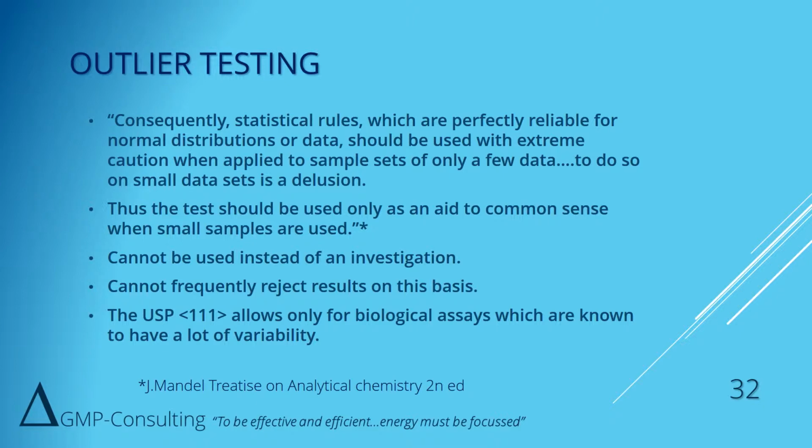The USP does allow it for biological assays, because biological assays for antibiotics and similar tests are well known to be variable, and biological assays behave in a manner all of their own.